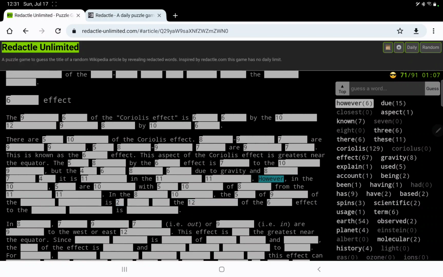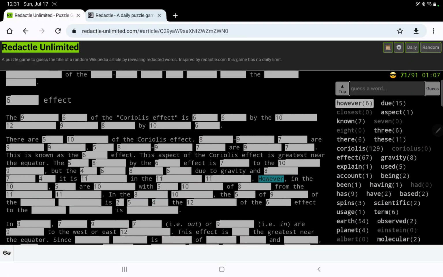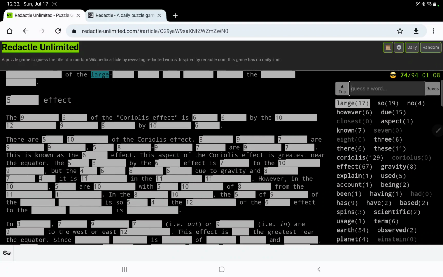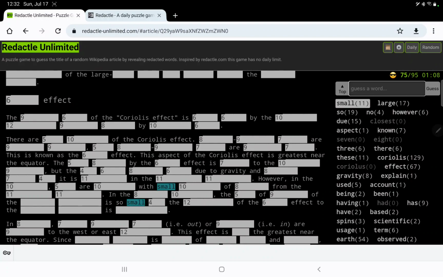What is this effect? Is by, wouldn't be redacted, is, no, is so large. Oh no, it's probably more small.